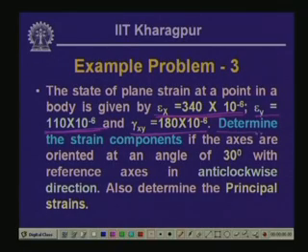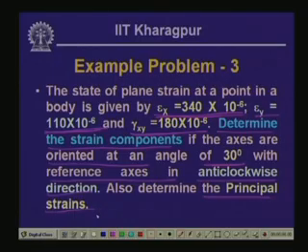What you need to do is determine the strain components if the axes are oriented at an angle of 30 degree with reference axis in anti-clockwise direction, and also determine the principal strain. Now, you should be in a position to compute this, as we have discussed today.